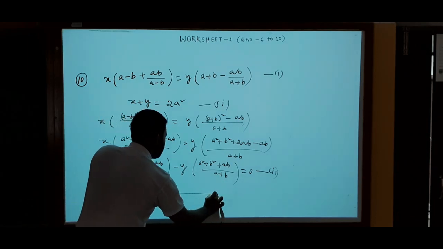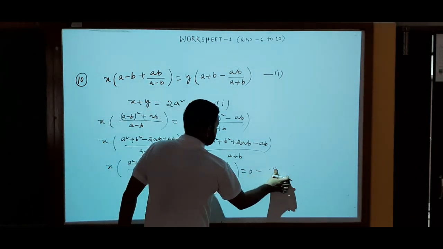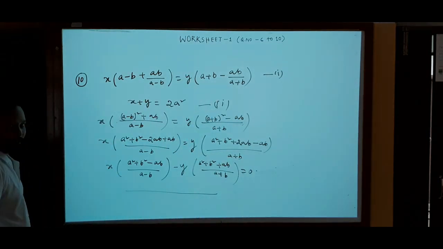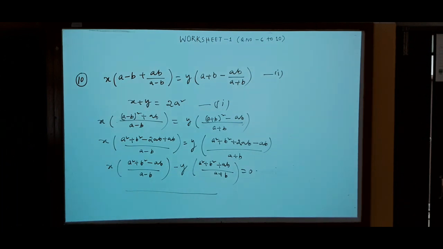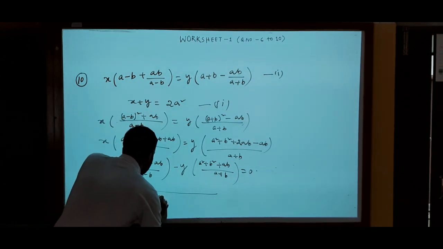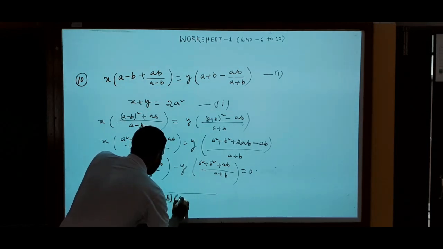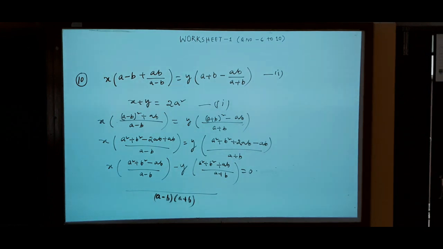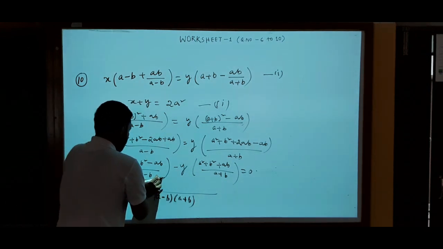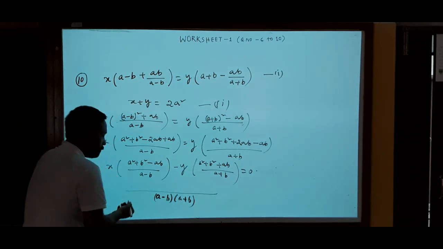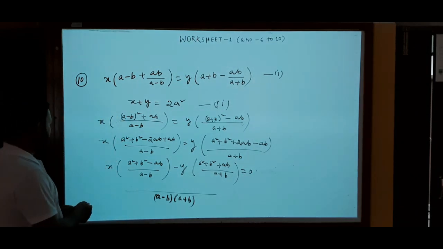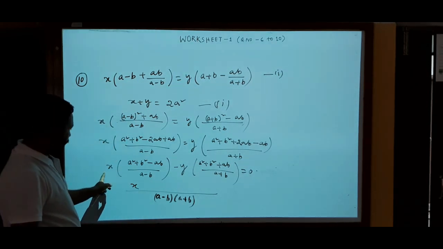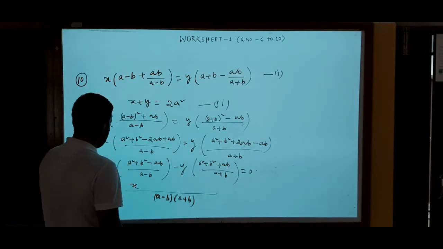Do one more, take LCM. Don't end your equation 3 here. Okay? Go for further step, and these are a minus b into a plus b, LCM. A minus b into a plus b. And x into a plus b into a square minus ab plus b square.